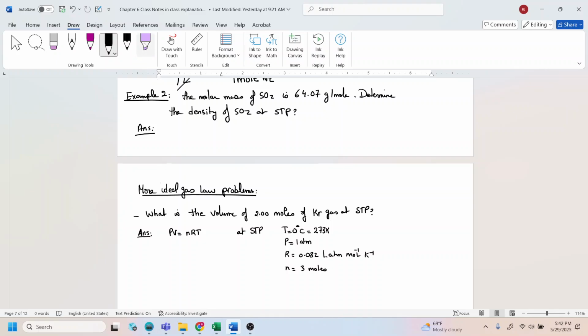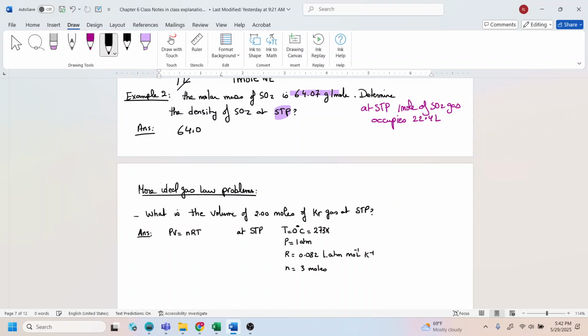So we're going to do the same thing, and we're going to say that at STP, 1 mole of SO2 gas occupies 22.4 liter volume.